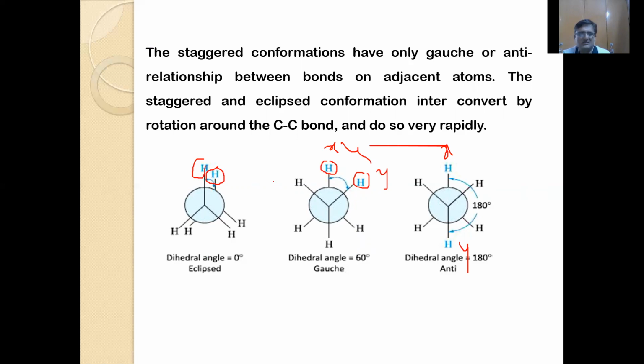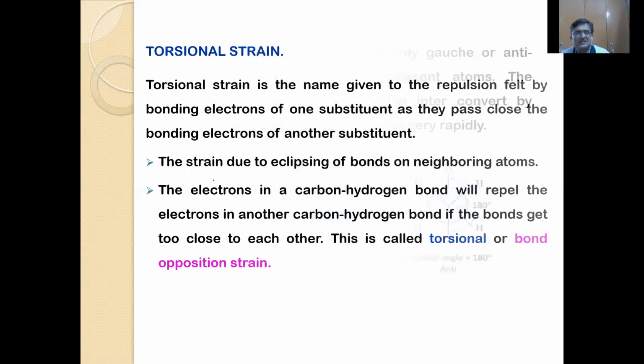In the same way, when two groups present at the same side are very close together, repulsive forces are applied and they become unstable because they possess very high energy. This kind of strain, which arises due to repulsion of the groups being present at the same side, is called torsional strain.